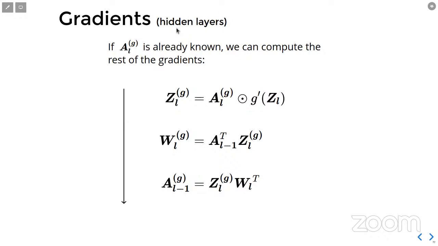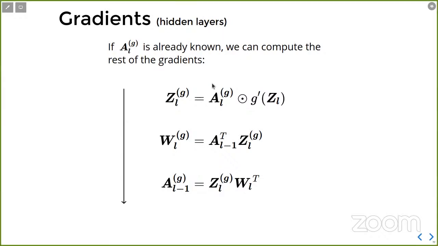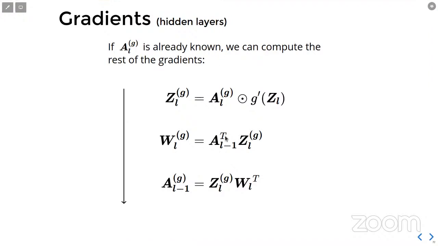So in the first equation, you have the matrix of gradients of the activations multiplied element-wise with the function G applied to the matrix of Z. Not the gradient, gradient of Z. Gradient of Z. Okay.